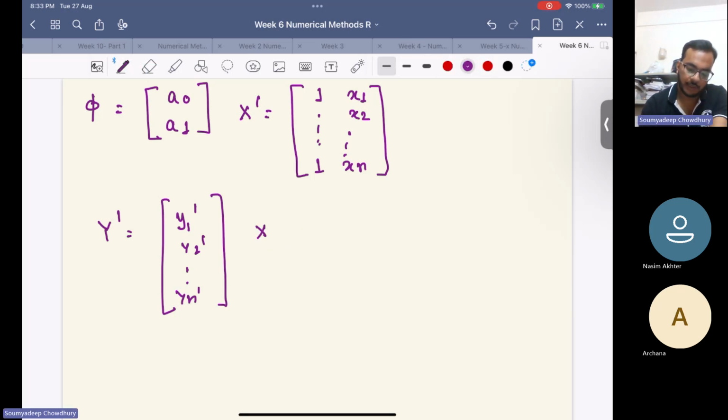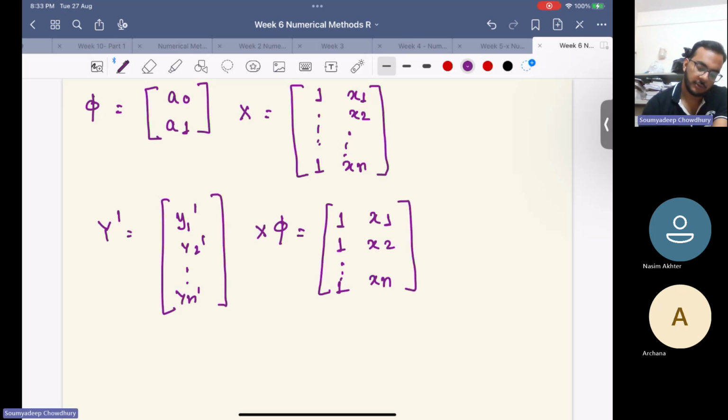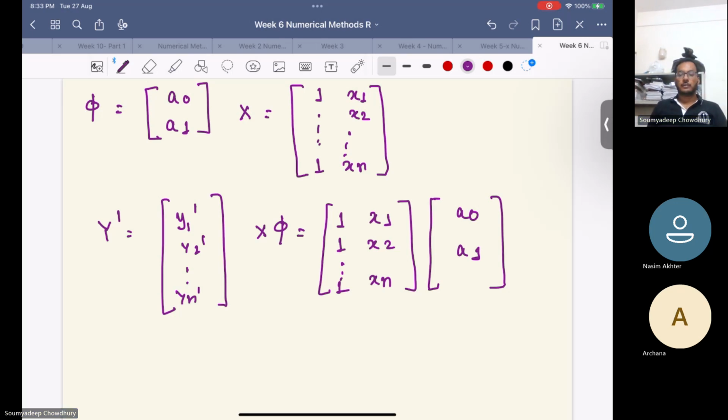So I'll derive it. If you multiply X and phi, what will you get? Can you tell me what we will get if we multiply X and phi? First, tell me what is the matrix size of X? Is this matrix multiplication possible? What is the condition for matrix multiplication?